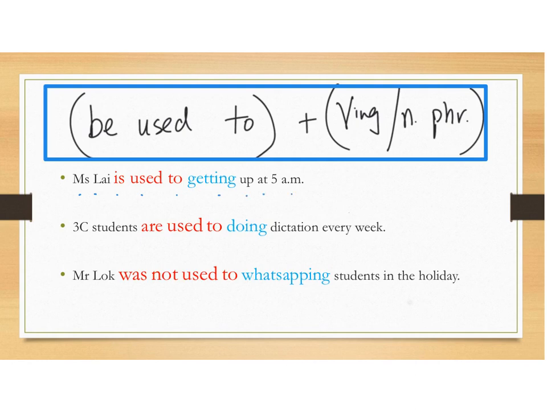Miss Lai 係而家習慣咗5點鐘起身。呢個 verb to be 係用 is，係一個現在式嘅 verb to be。呢度係 gerund getting。Example 2. 3C students are used to doing dictation every week。3C 嘅學生而家係習慣咗每個禮拜默書㗎。你見到呢度用咗現在式嘅 verb to be，即是話講緊而家嘅習慣。後邊仍然係 gerund。Example 3.